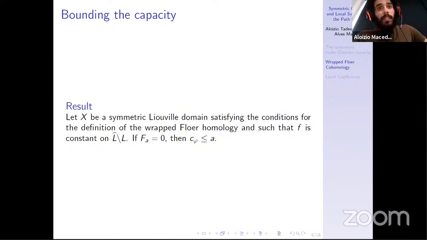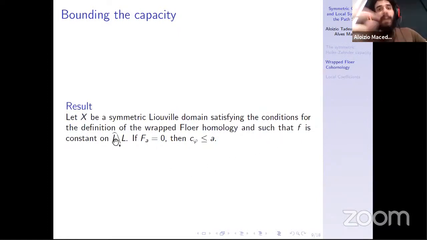I can't enter into the details of the proof, but the proof uses the concept of spectral invariants, and it's inspired by the proof that can be seen in a paper by Irie, for example, of the similar result in the case of periodic orbits, but this condition doesn't exist there, of course. The condition that f is constant is not too restrictive, okay?